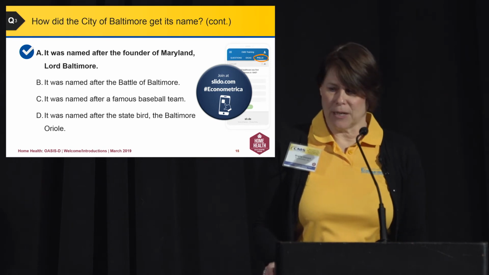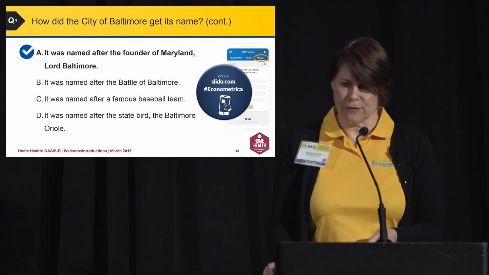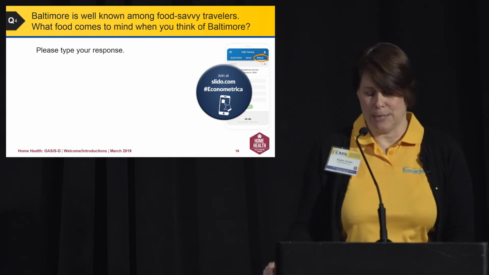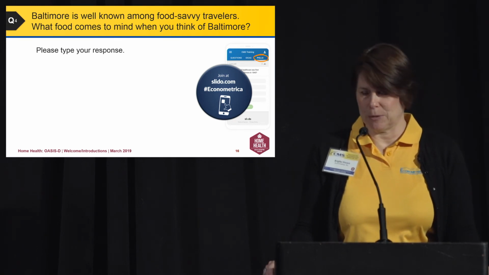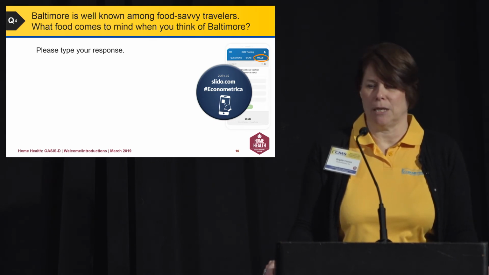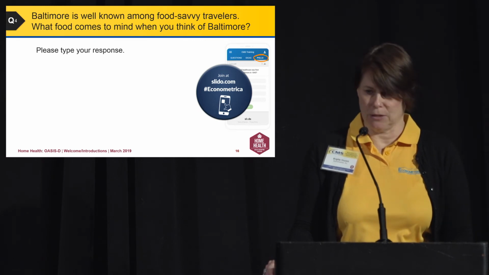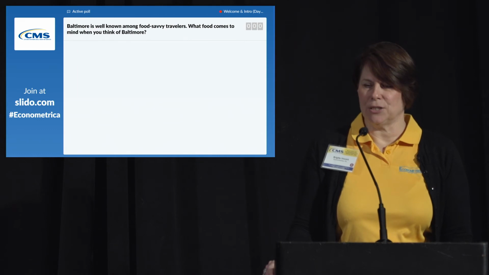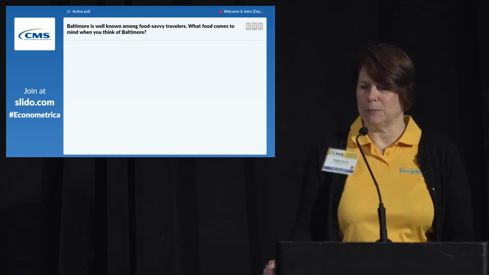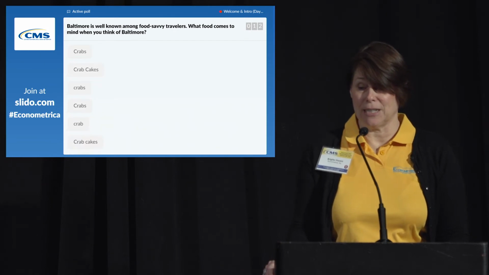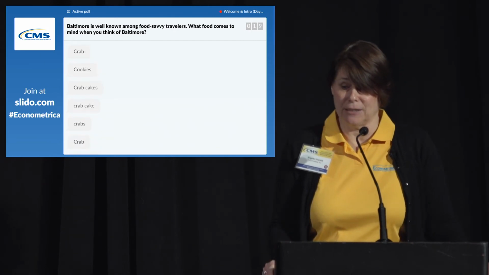So now we're going to try a little bit of a different type of question. And this question is a type in your own response. So Baltimore is well known among food-savvy travelers. What food comes to mind when you think of Baltimore? And as you're typing in your answers, I believe some of them will start to show up on our screen here. Oh, so I see there's a lot of seafood lovers, crab cakes, cookies.